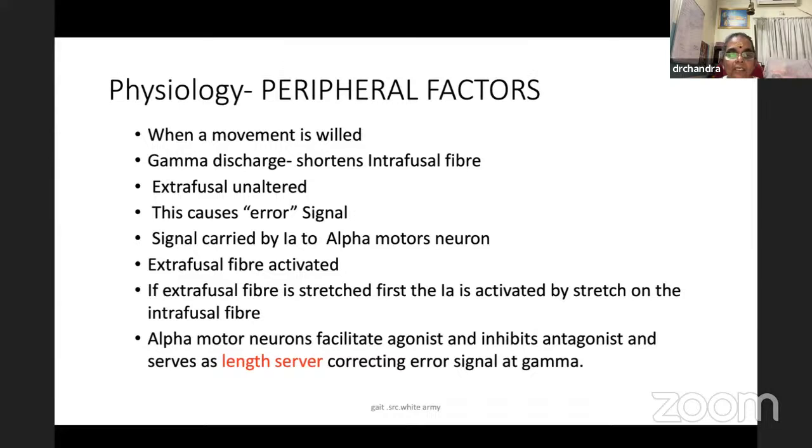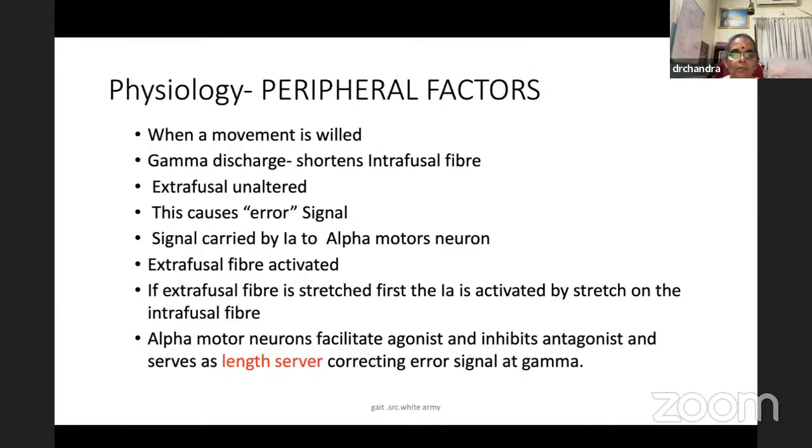Instead, somebody is stretching your limb, pulling you to move apart. Then it is a reverse. The extrafusal is stretched first, and this in turn activates the intrafusal fiber. So this is called alpha gamma co-activation. They are always co-activated, whether it is a willed movement or an enforced movement.